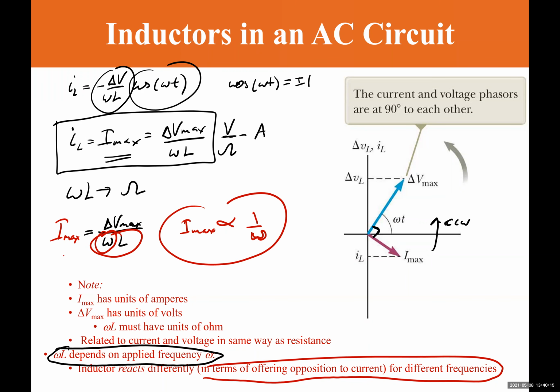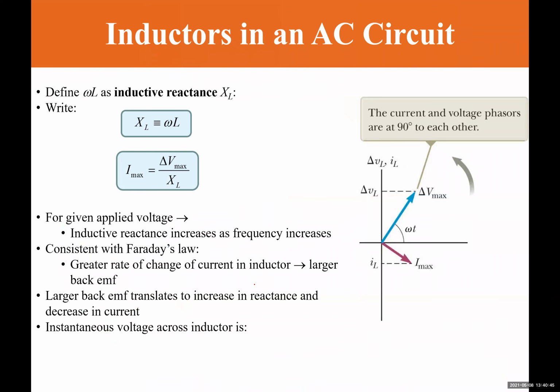So in this case, the inductor acts like a resistor, but it doesn't act like an actual resistor would, because the actual resistor that we just looked at a few minutes ago is basically always the same and constant, regardless of what frequency we have. The inductor, when it resists the current, basically gives you opposition to the current, and it also depends on the frequency, okay?